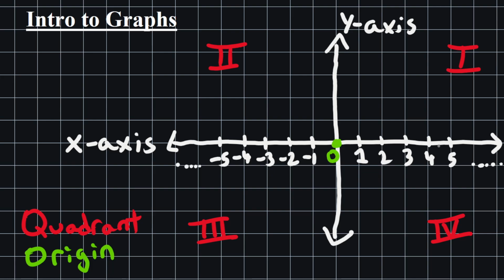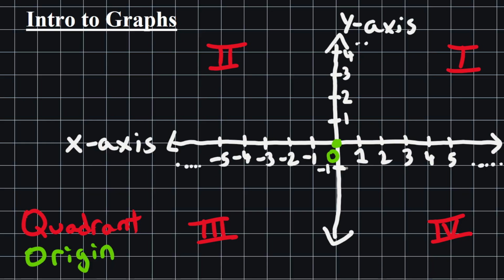So it's sort of like a number line on the x-axis. And we'll do the same thing for the y-axis as well. So we'll go up. Up is the positive numbers. Up here is 1. Up here is 2, 3, 4, and so on to infinity. It goes all the way up. And right here, we'll go to the negative numbers downwards.